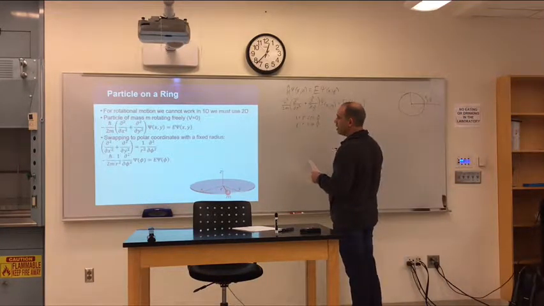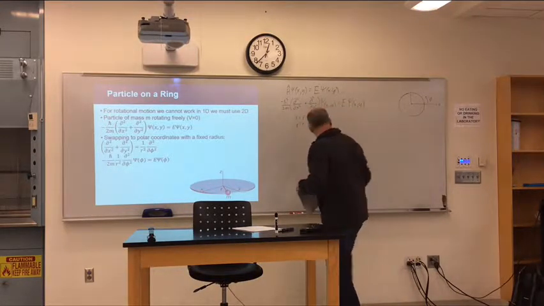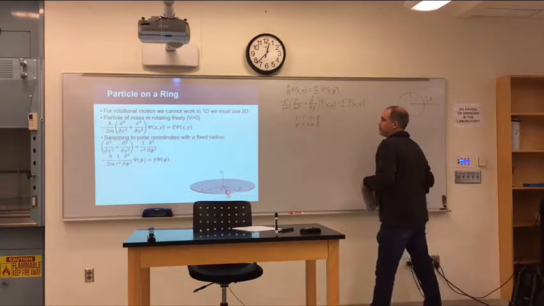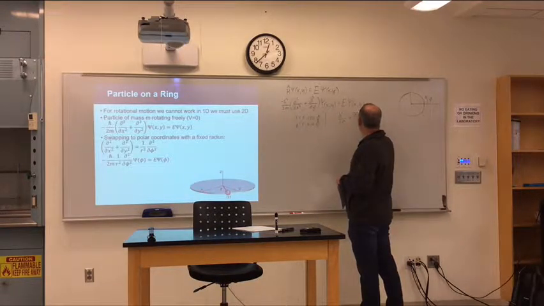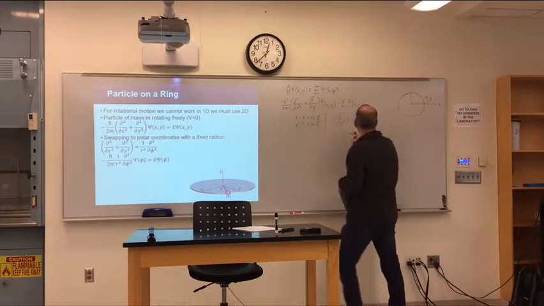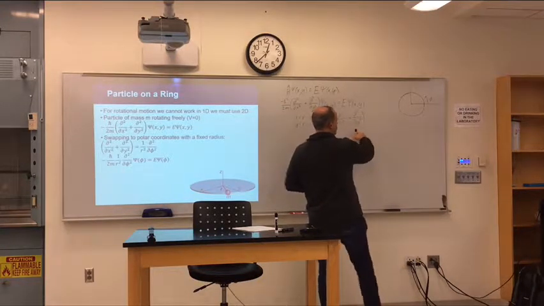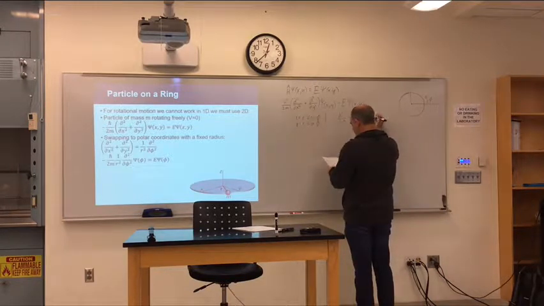When we do that, however, this part here where we're taking the derivatives, switching this into polar coordinates, is equal to 1 over r squared times the second derivative with respect to phi.